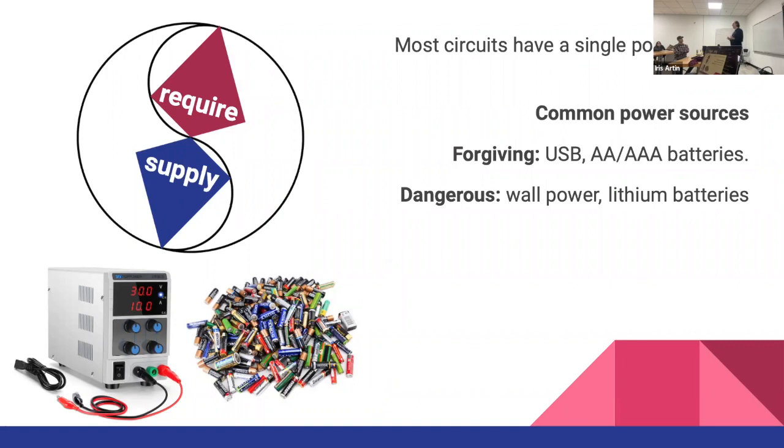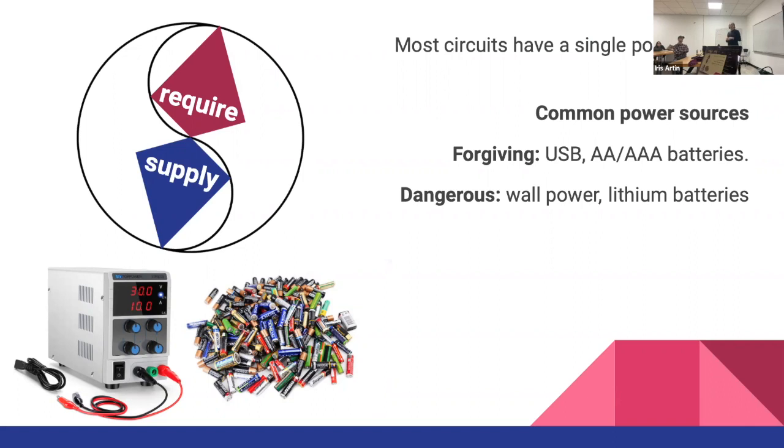They don't have enough energy in them to create any big problems. You can burn out an LED with a battery like that, but that's about the amount of damage you can do. All the other common types of batteries, like coin batteries, are also pretty safe, but the most commonly used are the AA and AAA.